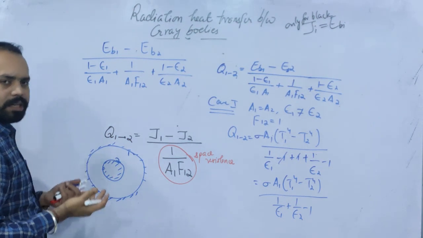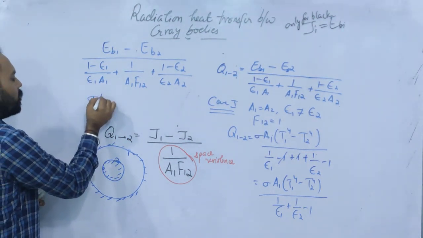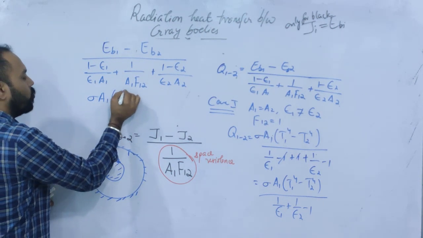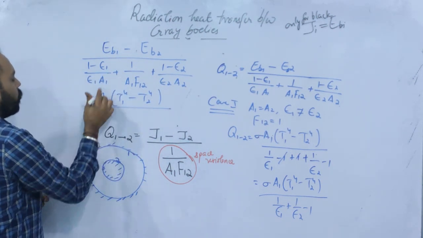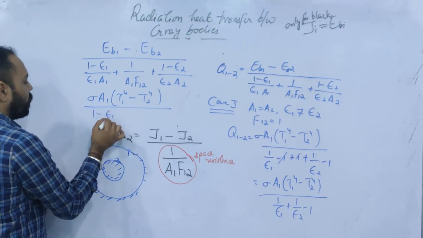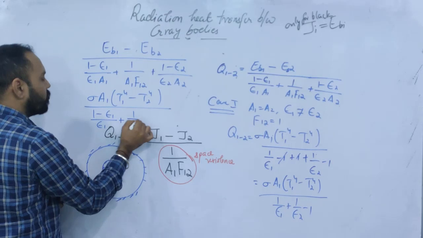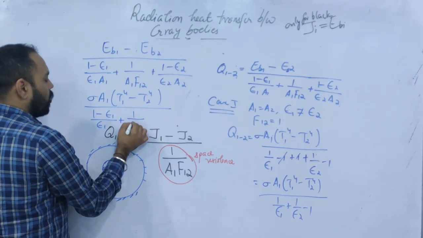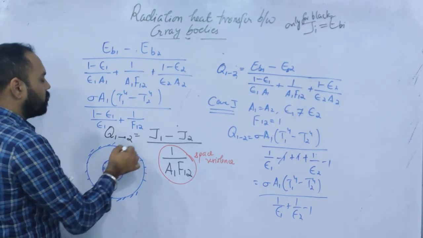Now it can be rearranged in various forms. You can take A1 common, so it becomes sigma A1 (T1^4 minus T2^4), divided by (1 minus epsilon 1) by epsilon 1 plus, A1 goes, so it becomes 1 by F12. If F12 is 1, then you can further simplify the things.